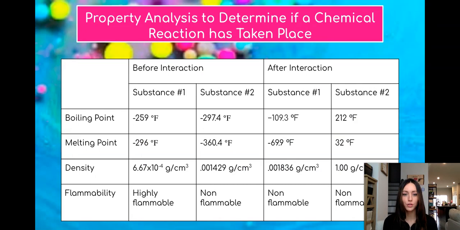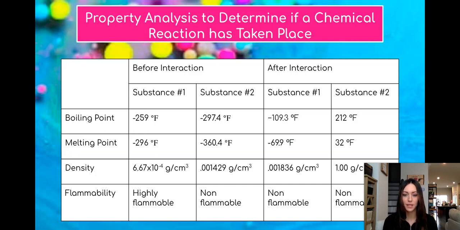So here we have two different substances with some information about their properties before and after those substances have interacted. We see that we have information about the boiling point, the melting point, the density, and the flammability. A quick check of these substances, comparing before they've interacted to after they've interacted, shows me that there has been a change in many of the properties.